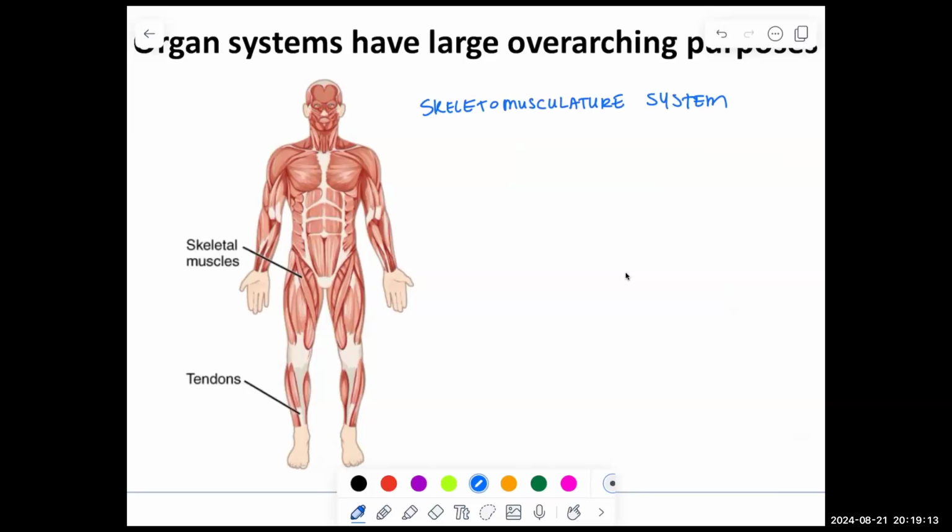The skeletal muscular system only includes the skeletal muscles and the tendons that hold those muscles together. Folks, each muscle is a different organ. Your deltoid is one organ. Your biceps brachii is another organ. Your brachioradialis is another organ. So each of these muscles is one organ.